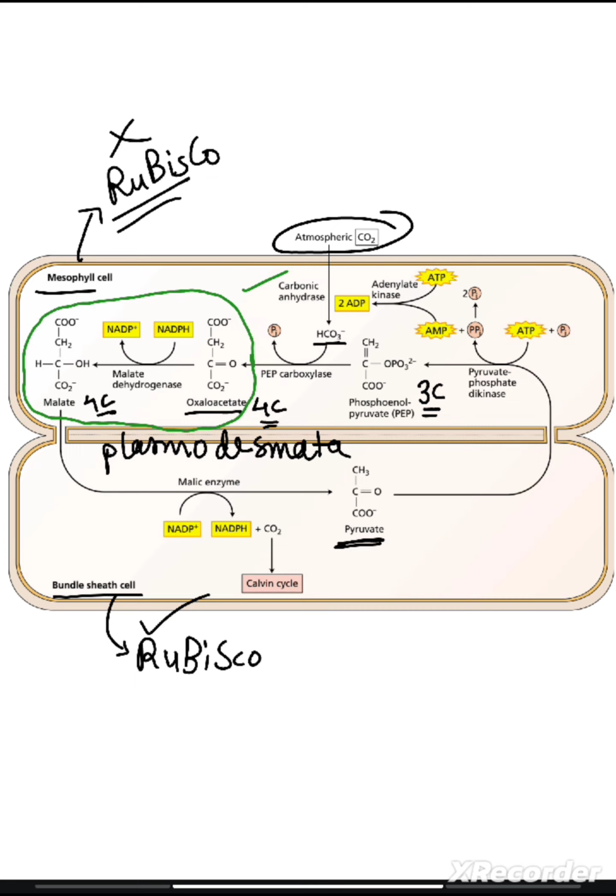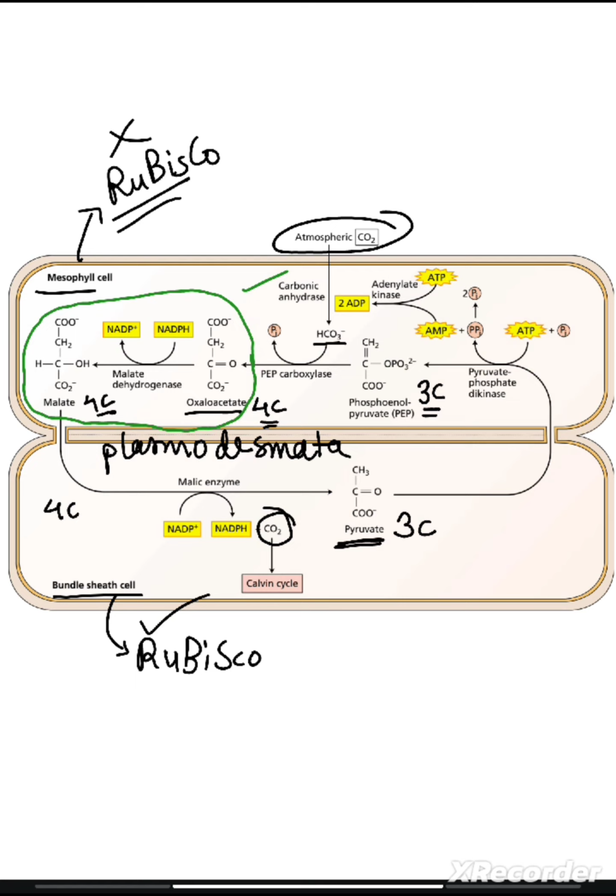The malic enzyme acts upon malate, and it is broken down into pyruvate, which is again a 3-carbon compound. So your malate was 4-carbon, and it's getting converted to 3-carbon. Where has 1 carbon gone? It is released in the form of carbon dioxide. So that's how the plant is storing its carbon dioxide in the bundle sheath cells.